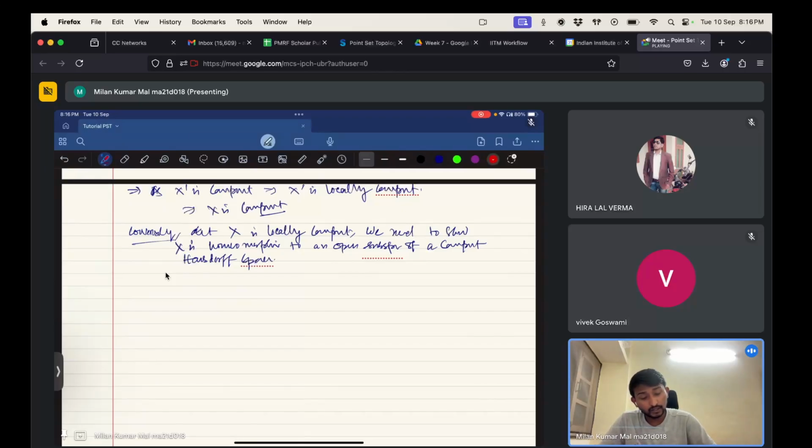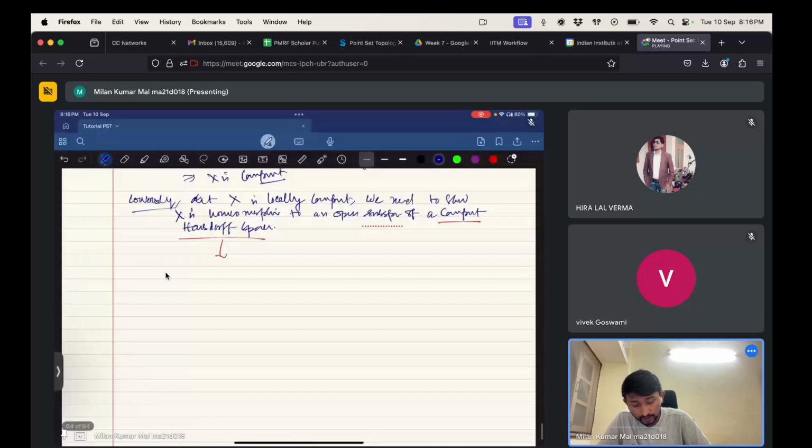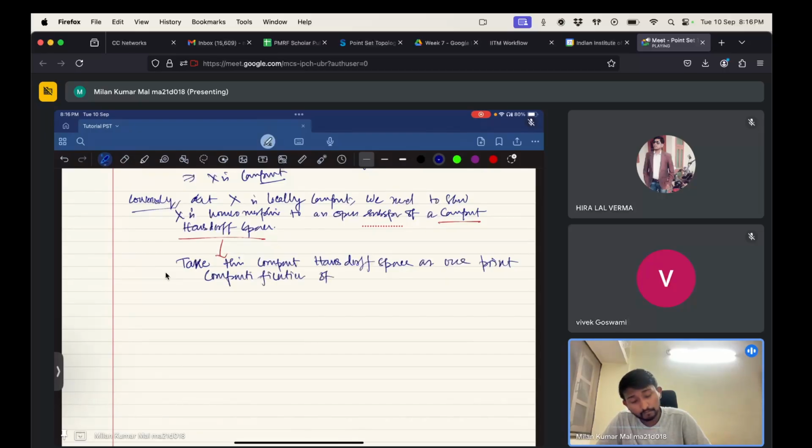So the point is that we have to take this compact Hausdorff space as the one point compactification of X. Okay, so suppose X is locally compact.